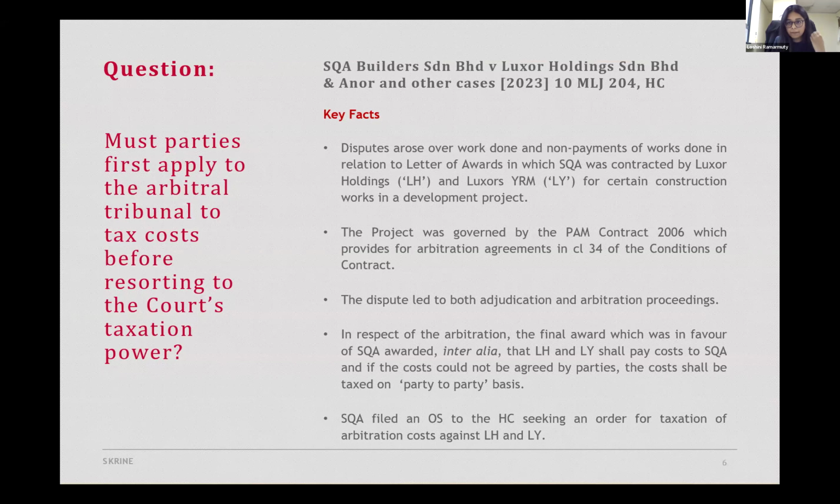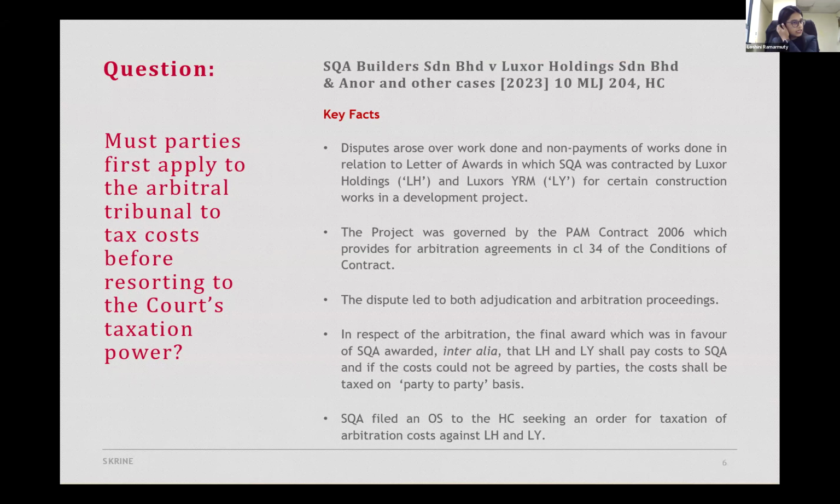Can the party go immediately to the court and ask the court to tax that cost or determine that cost without first asking the tribunal to do so? And if the tribunal refuses to do so, does that then mean that the court has to step in, or is the tribunal compelled to determine the cost?